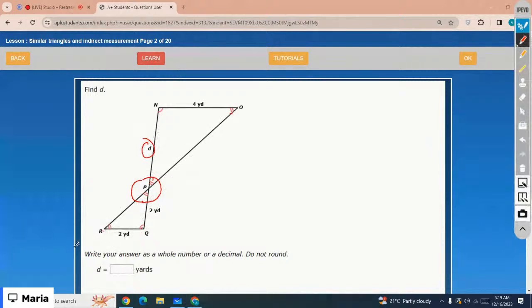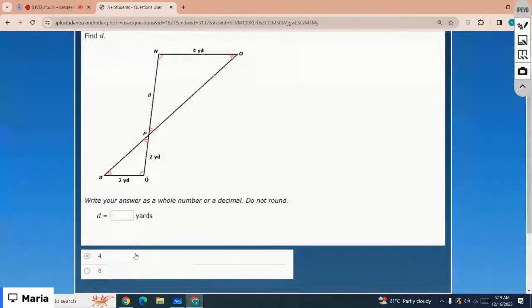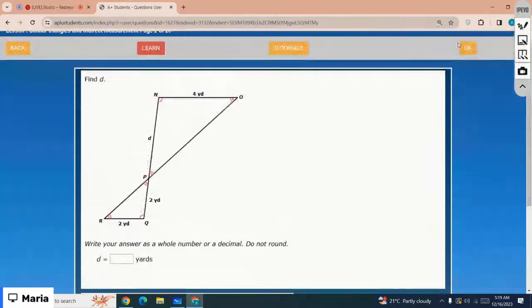That means if you think logically, what is the answer? 4 it is. If you think logically, the answer is 4. The correct option is 4, right? Yes, it is.